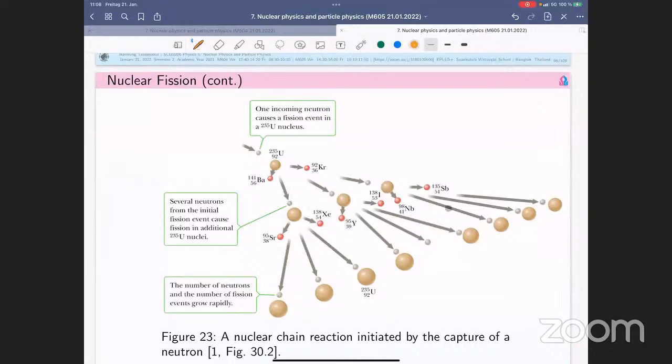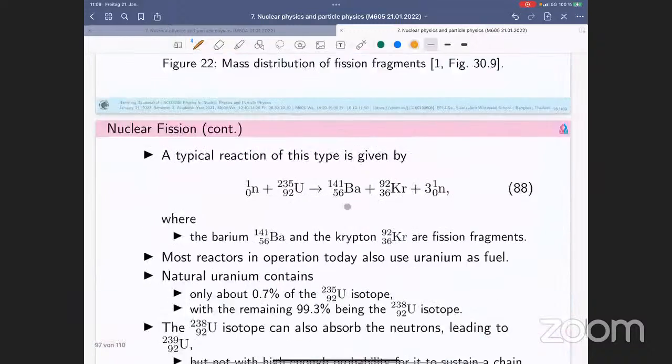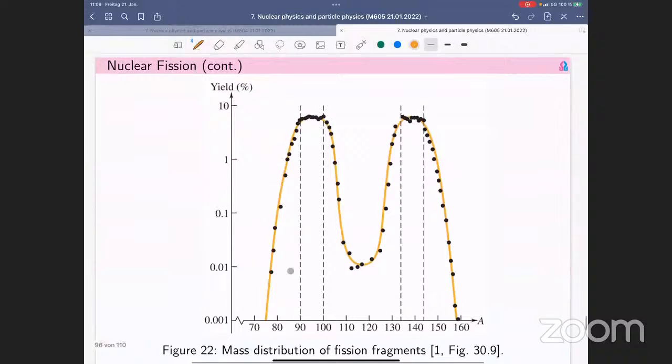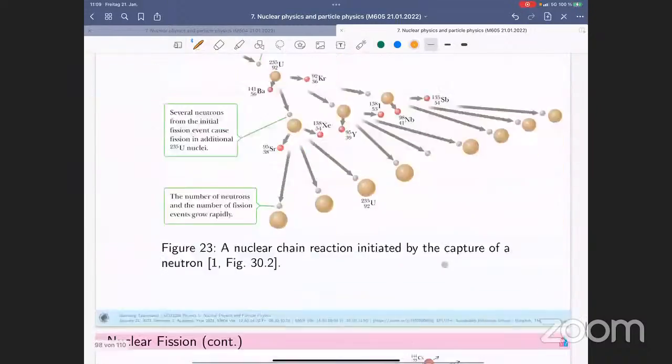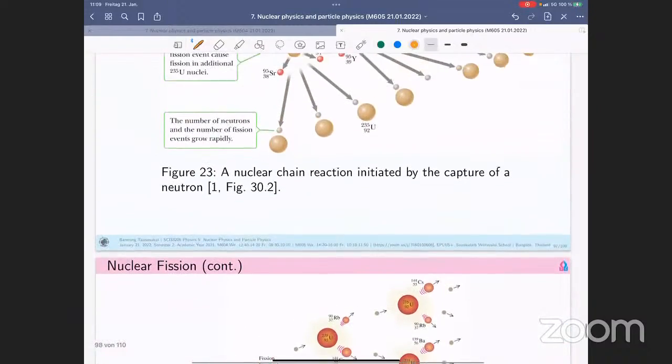Once it creates neutrons, they will hit the next uranium-235, and we again get the separation into two daughter nuclei, whether it's barium, krypton, strontium, and xenon, or another pair of daughter nuclei according to this distribution. All right, that's the first figure.